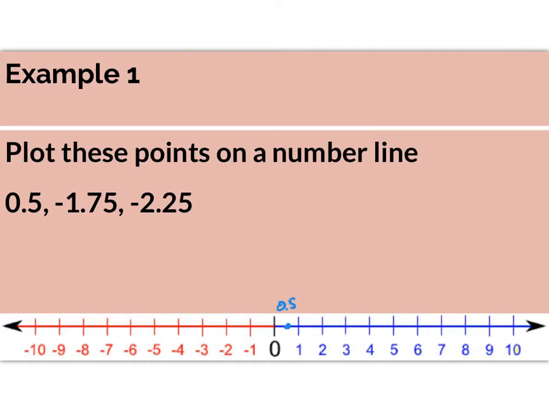Negative 1.75 is in between negative 1 and negative 2 and is actually closer to negative 2. That's negative 1.75. And negative 2.25 is in between negative 2 and negative 3, but it's actually closer to negative 2. So you have negative 2.25 right there.